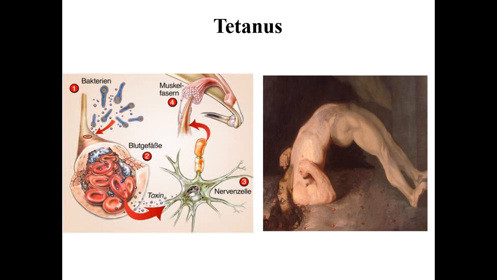Following internalization, tetanus toxin gets transported in a retrograde way to the gamma-aminobutyric acid and glycine producing inhibitory neuron terminals, and the toxin prevents the presynaptic release of the inhibitory neurotransmitters glycine and GABA, which leads to spastic muscle contraction.